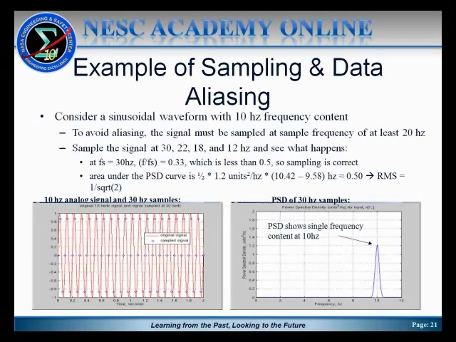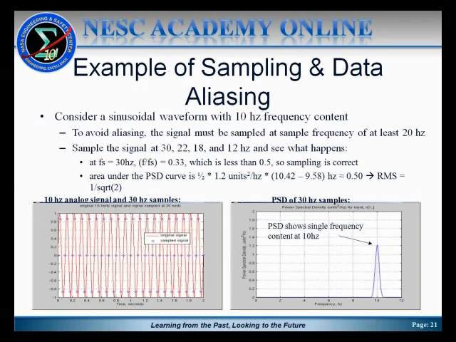So in the first case we'll take that signal and sample it at 30 hertz. The frequency content of the data is 10 hertz. The sample frequency in this case is 30 hertz. So the normalized frequency, or frequency divided by sample frequency, is 0.33, which is less than 0.5.